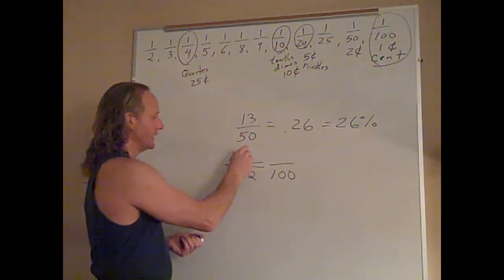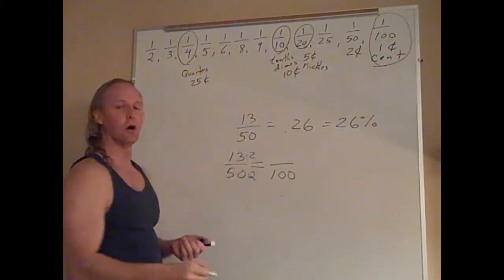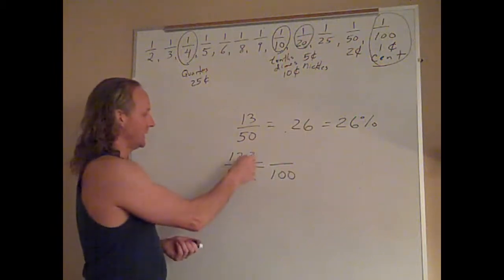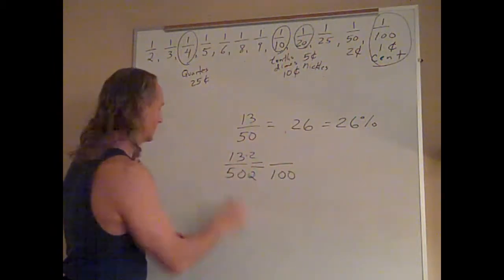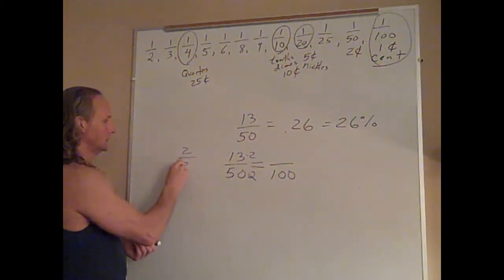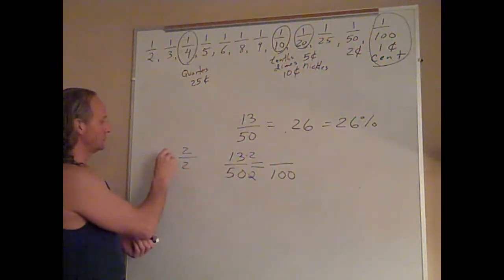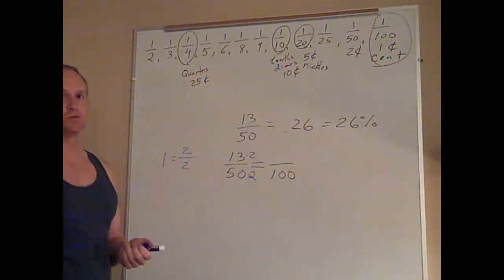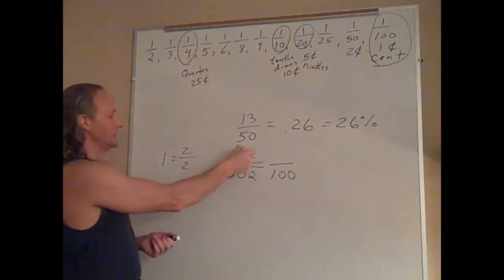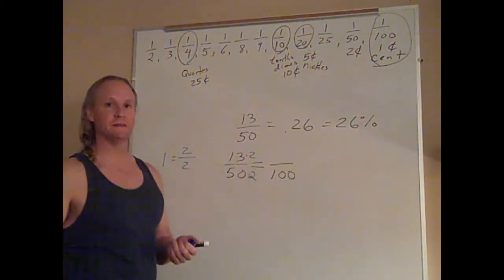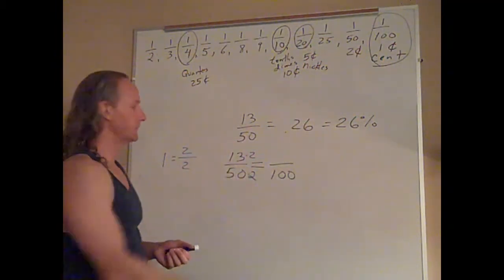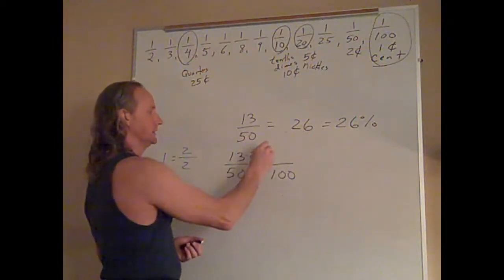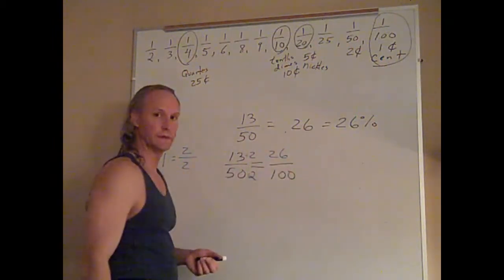But if I also multiply the numerator by 2, the overall result is multiplying by 2 divided by 2, which happens to be exactly equal to 1. That's why you're allowed to multiply in the numerator and the denominator by the same value, and you have an equal fraction. This is 26 hundredths.